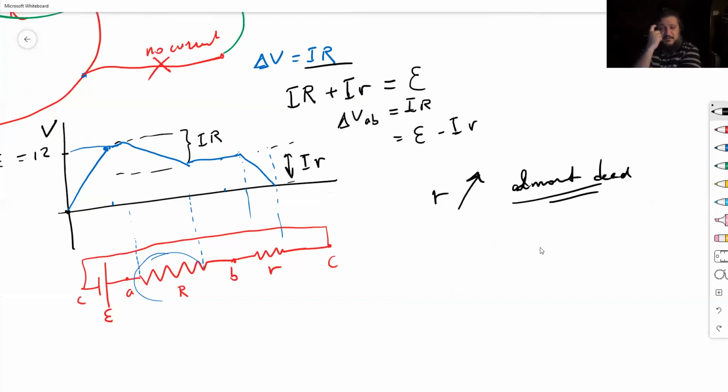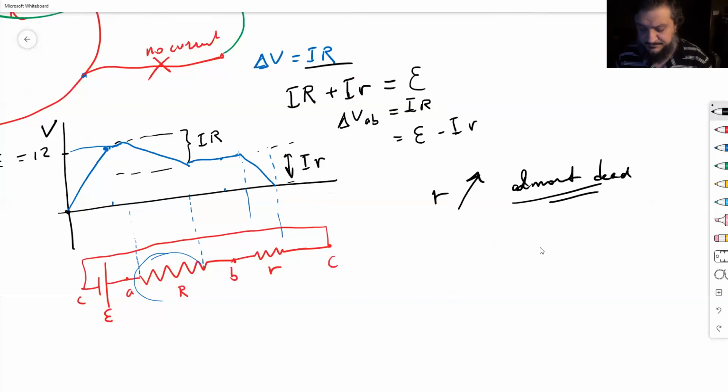But it won't be enough to do the job there. That's what happens when batteries get old. This means their internal resistances increase. When they're fresh, r is small, and then r gets bigger and bigger until you can't use the battery anymore, okay? After all, it's just some chemical reaction inside the battery, and it runs out of juice, okay?